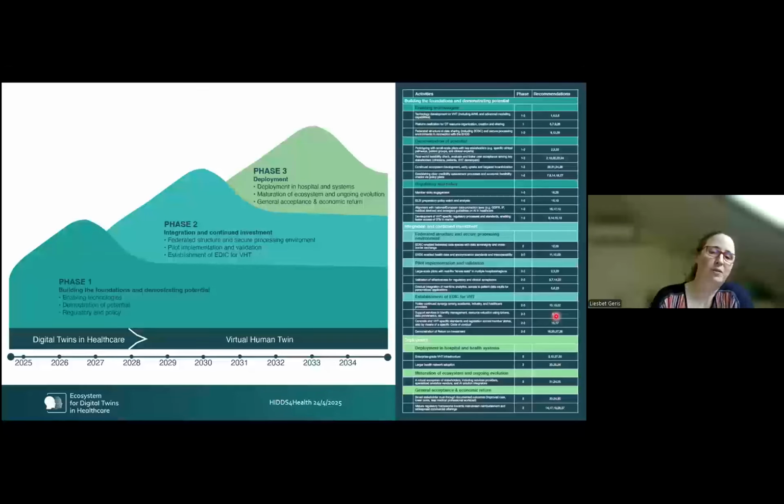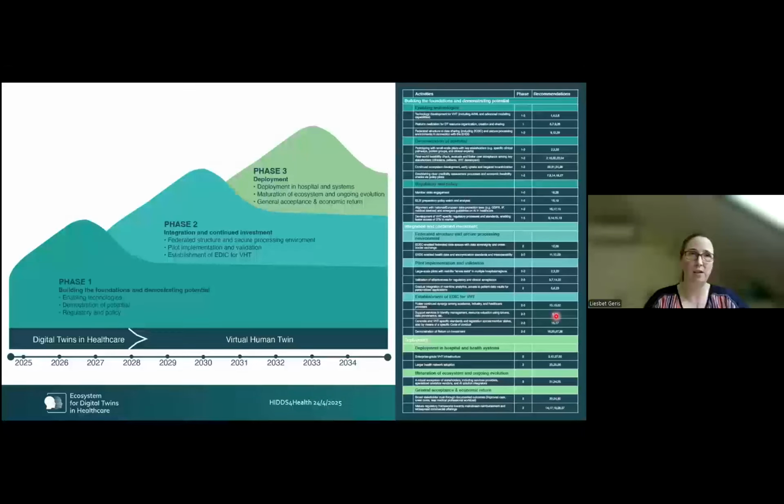And we also divided it, gave it a bit of a timeline, but it's really difficult because you have in digital twins already successful examples in clinics. So, you know, it's a bit artificial to spread this out over time, but since the European Commission has committed to building the virtual human twin platform, they have an official public tender that is now out for 24 million.